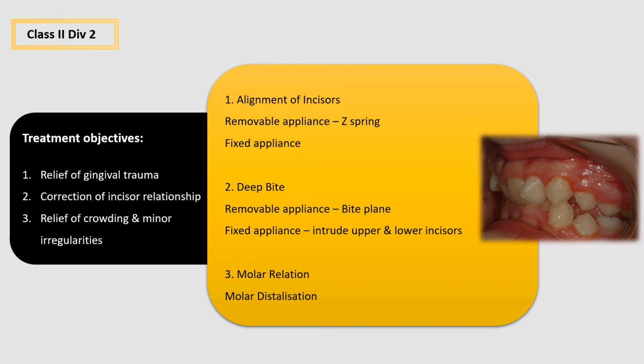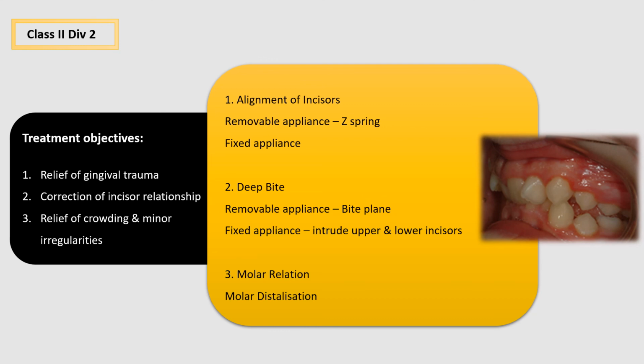The deep bite can be again corrected either through a removable appliance or better with a fixed appliance, which can intrude upper and lower incisors, and also to correct or establish a stable relationship with the molars by distalizing them. So these will form some of the goals you'll have to achieve in correcting class 2 division 2 cases.